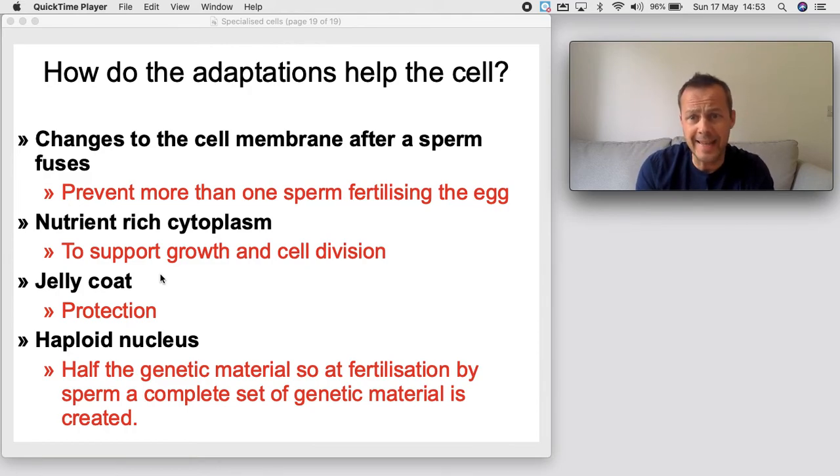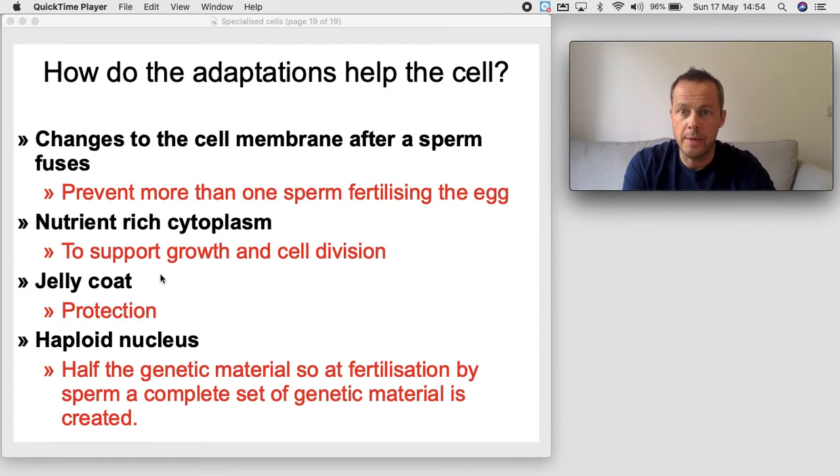That's there to protect that cell, to make sure that it stays viable and stays alive for as long as possible. And again, it has a haploid nucleus, so half of the genetic information is from the egg, half of the genetic information is from the sperm. When it comes together, it's a full set of genetic information to develop into a zygote, an embryo, and then a baby.